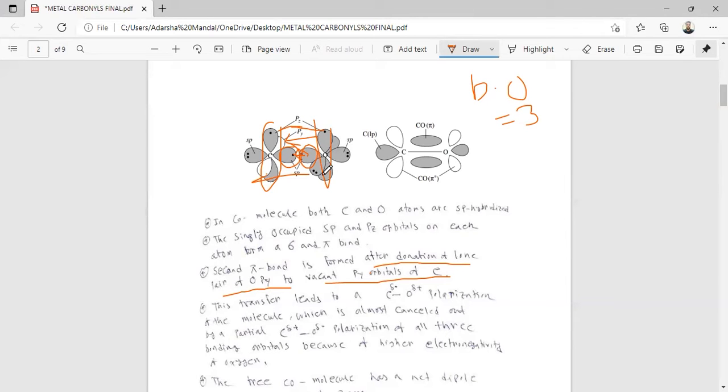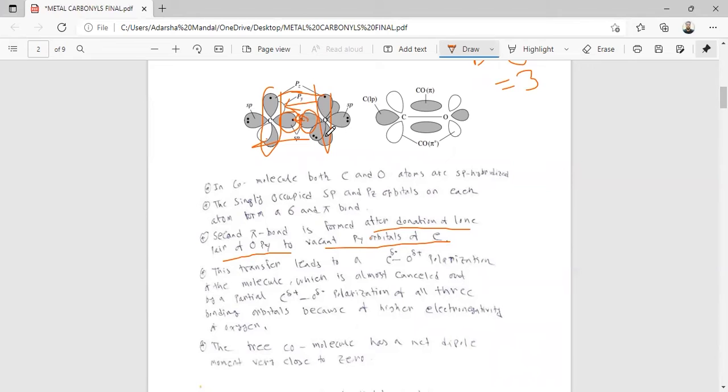Here, for formation of the second pi bond, the transfer of electrons from oxygen to the carbon atom happens. That leads to a polarization in this molecule, meaning there is a slightly negative charge on the carbon atom and a positive charge on the oxygen atom, which is almost cancelled out by the opposite polarization, with a positive charge on carbon and a negative charge on oxygen, because of the higher electronegativity of oxygen.